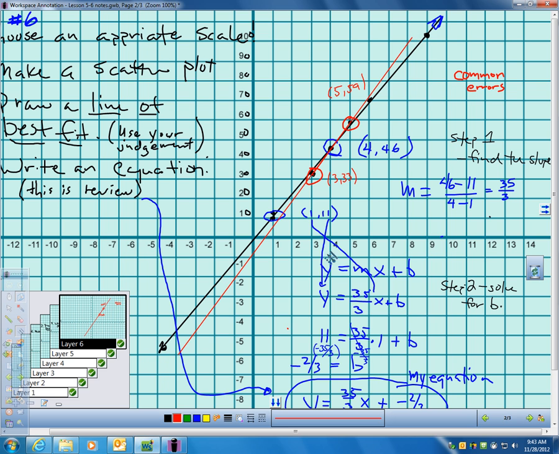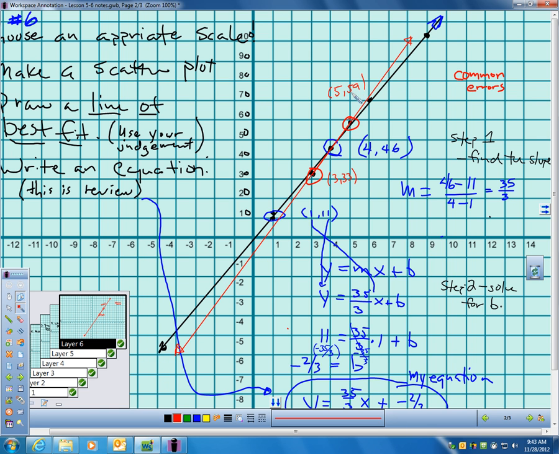Are those 2 points going to give me the line that I drew in black? I hope you're looking at this and saying, well, heck no, Mr. Lemansky, this line in red is way off from the line in black, and it is way off. I can't use points that are not on my line to write the equation for my line. I hope what I'm showing you here makes sense.